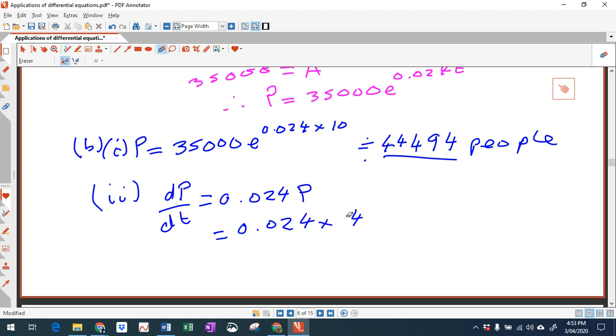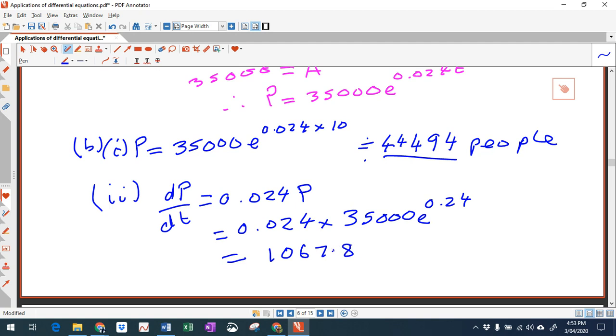So the exact figure from the calculator would be 35,000 e to the 0.24. Okay, that will give me a more precise answer. So put that in. Should get 1,067.8. And it doesn't really say how many decimal places, but we'll just do it to 1.